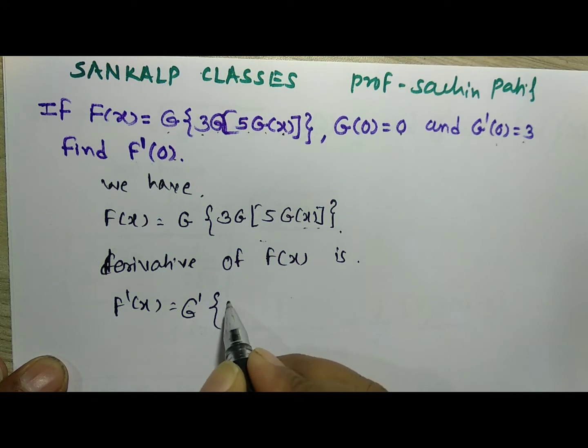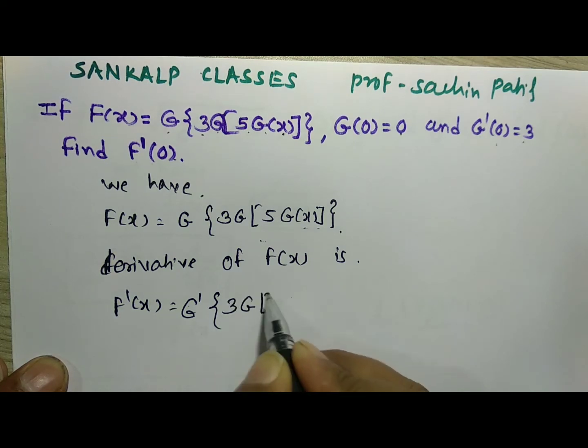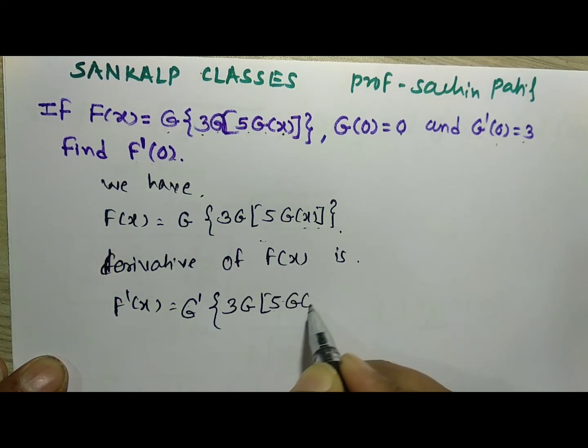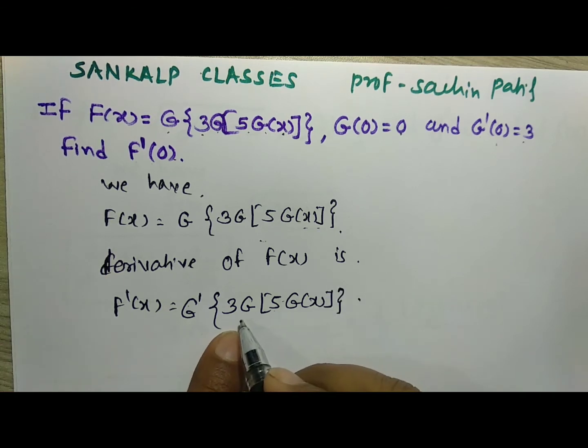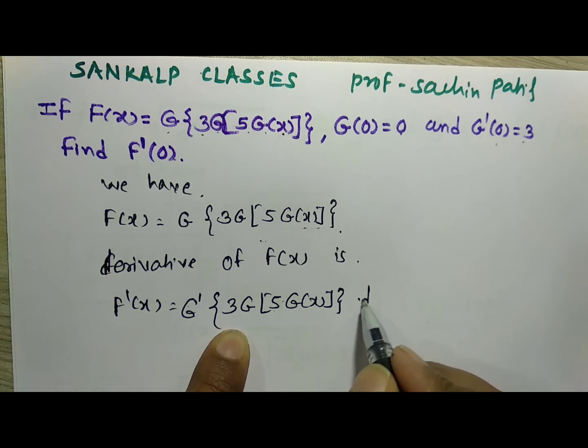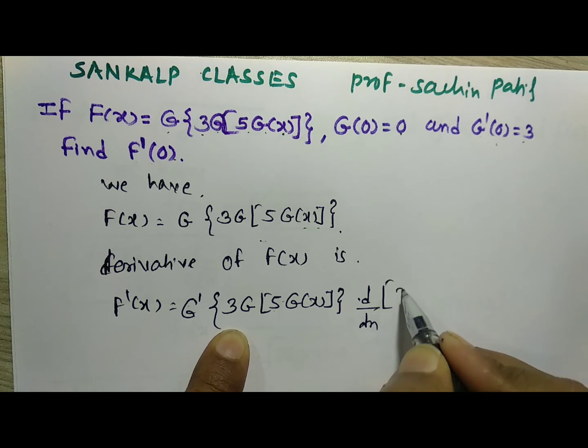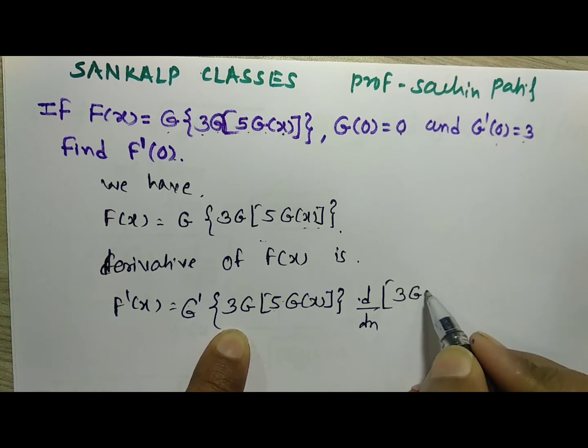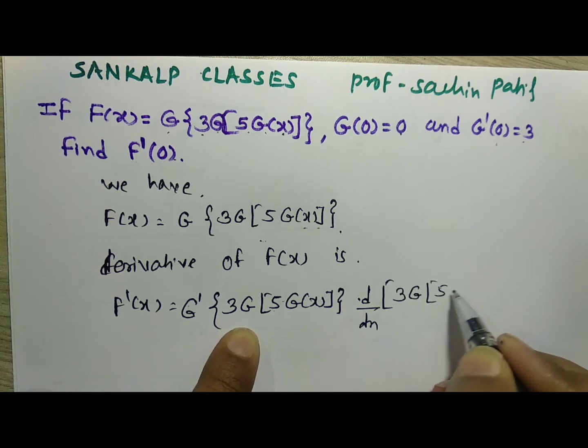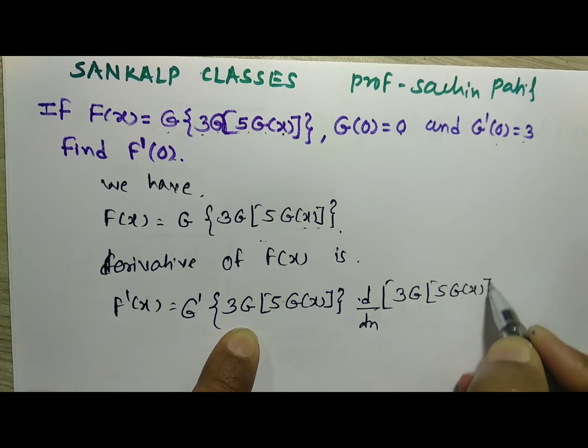Inside the bracket we get 3g, inside the bracket 5g of x as it is, and then it is followed by the derivative of this expression, d/dx of 3g of 5g of x.